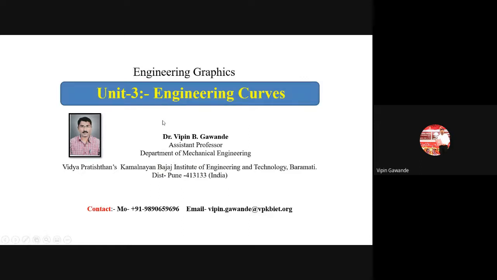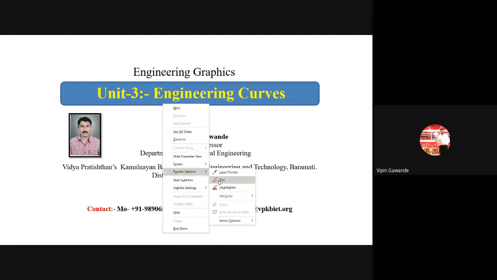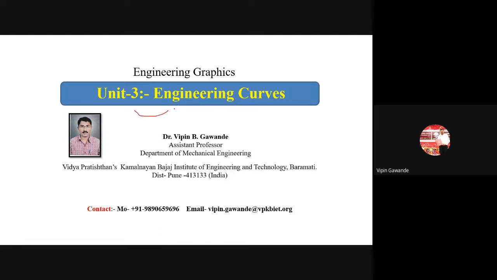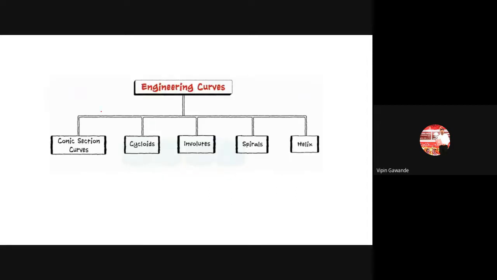Unit number 3 primarily deals with engineering curves. We have seen there are different types of engineering curves: the conic sections, cycloids, involutes, spirals, and the helix. Since your examination is MCQ, you have to just remember the applications of these curves.